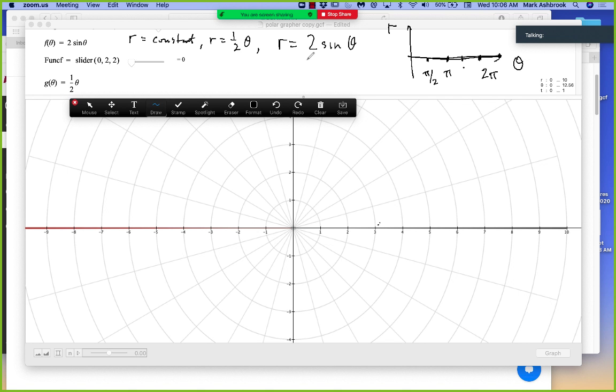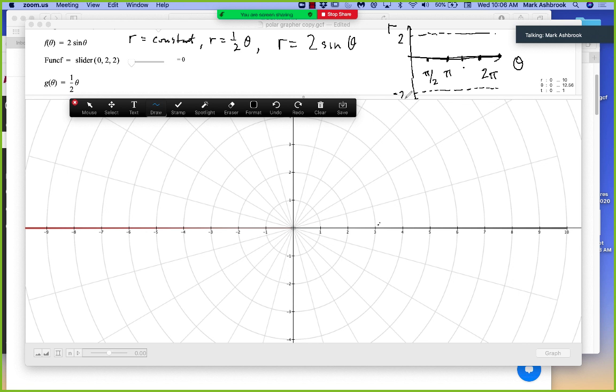There's a max for these sine and cosine graphs, and a min and a midline. So we've got the midline, and what is the max and min of 2 sine theta? What's the max? 2 and -2.